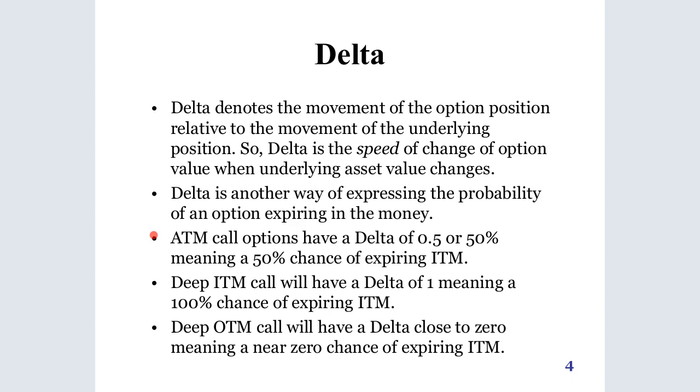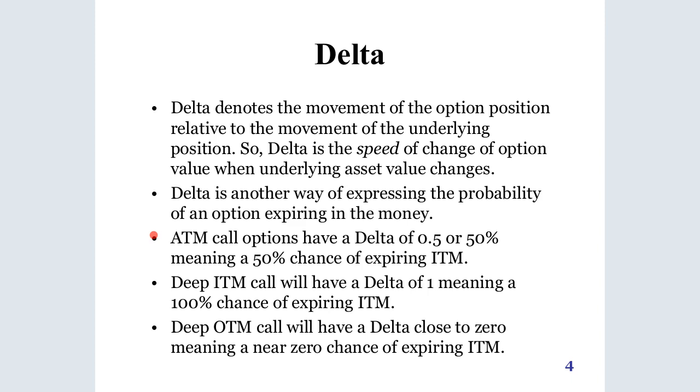Now, typically, if you take an at the money call option, which is an option whose strike price is exactly equal to the spot price, it has a delta of 0.5. So they have a 50% chance of the option expiring in the money and some 50% chance of it expiring out of the money.